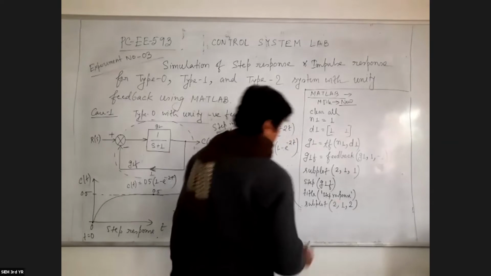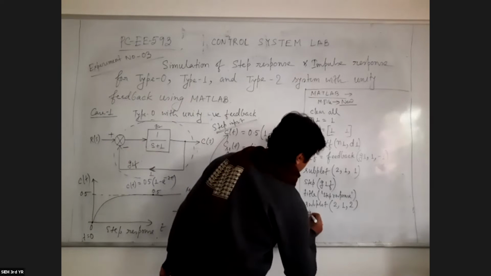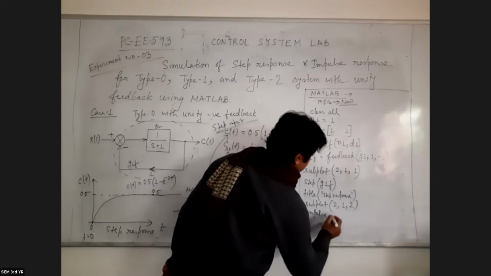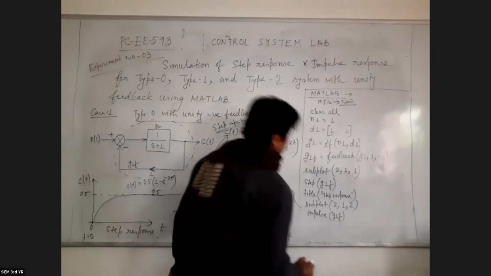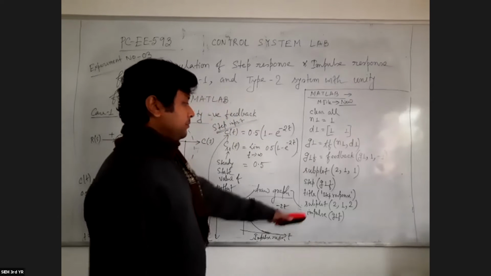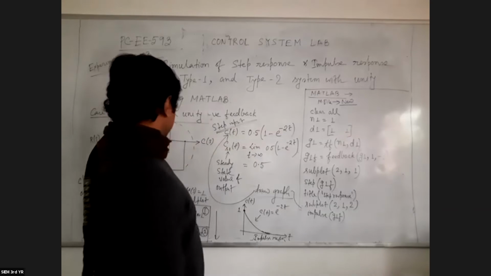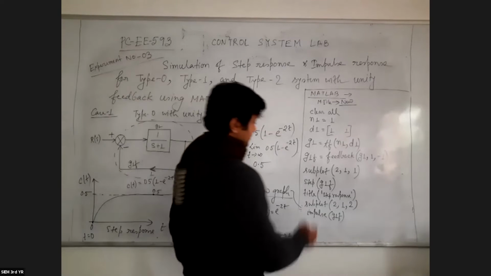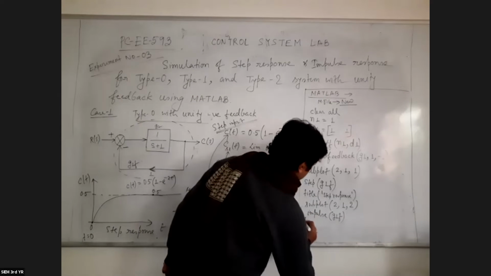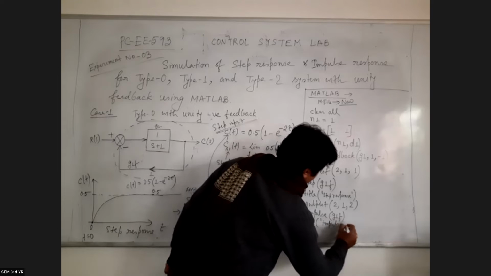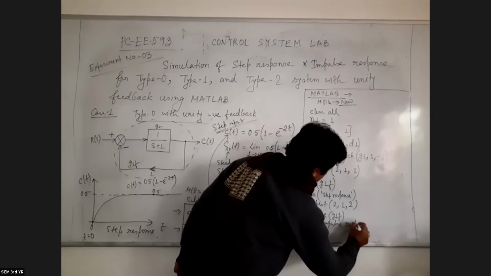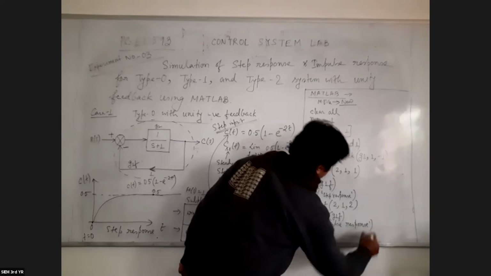Okay. Then you write impulse G1F, the impulse response of this G1F, and then give a title, impulse response.